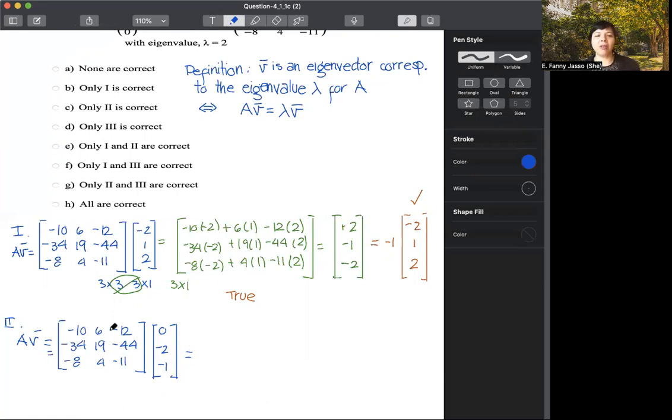I get 0 plus 6, sorry, -12, and then plus 12, that does give me 0 here. In the second entry, again, you can do this, I should get 6. And then for the third one, that's 0, -8, plus 11, so that's 3.